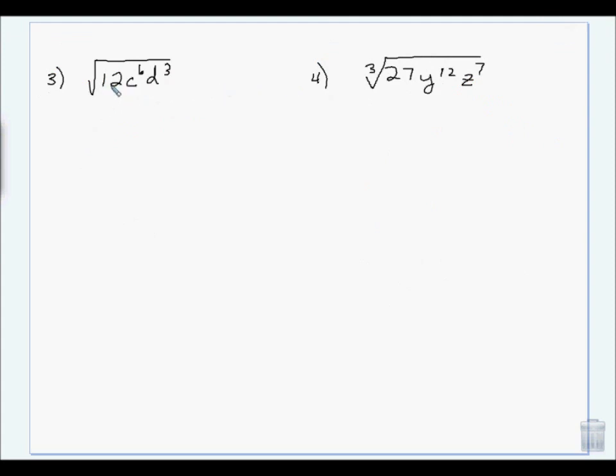Alright, so square root 4 times 3, and I know 4 is 2 times 2, so it's a perfect square. So the 2 comes out, the 3 gets left behind. 6 divided by 2 is 3. 3 divided by 2 is 1 with a remainder of 1.